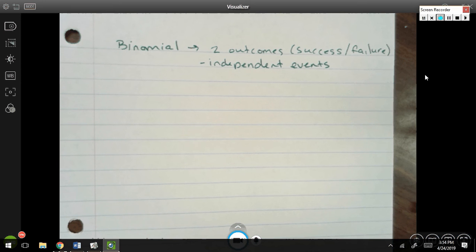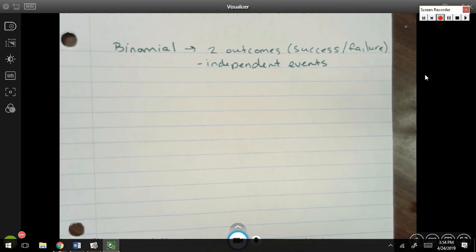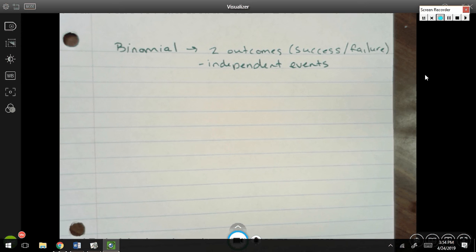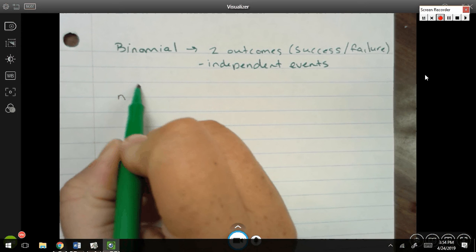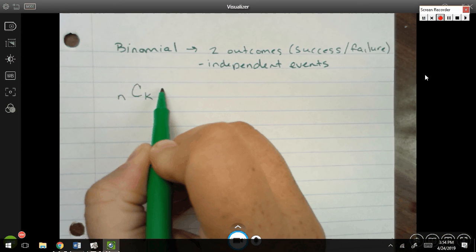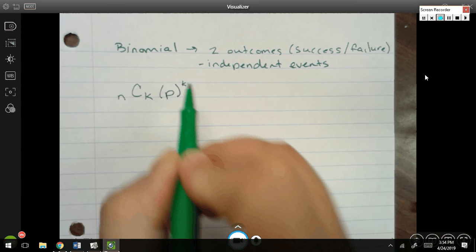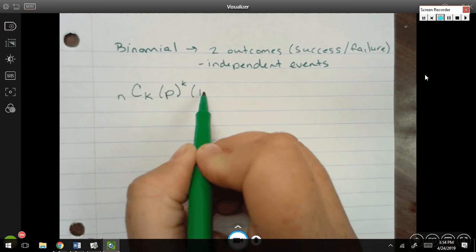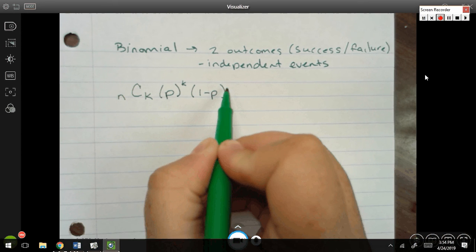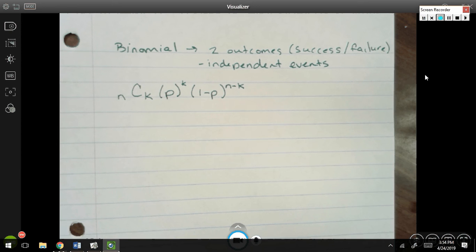So if this is true, we have a little formula for binomial. And let me lay it out for you here. It's n choose k times p to the k times 1 minus p to the n minus k. All right, so a little bit different than what you're used to.